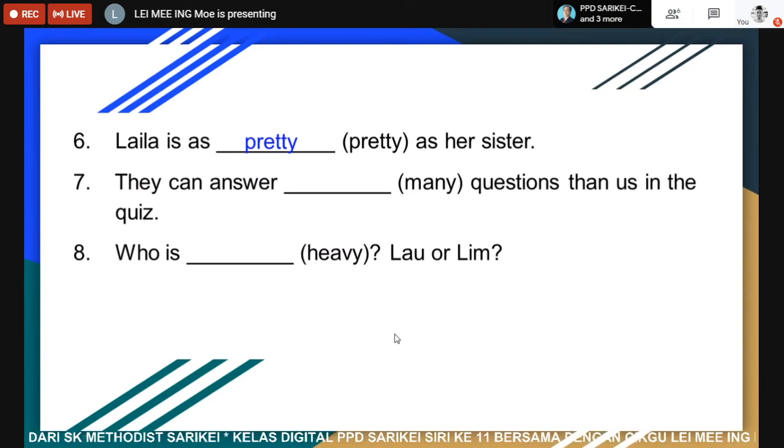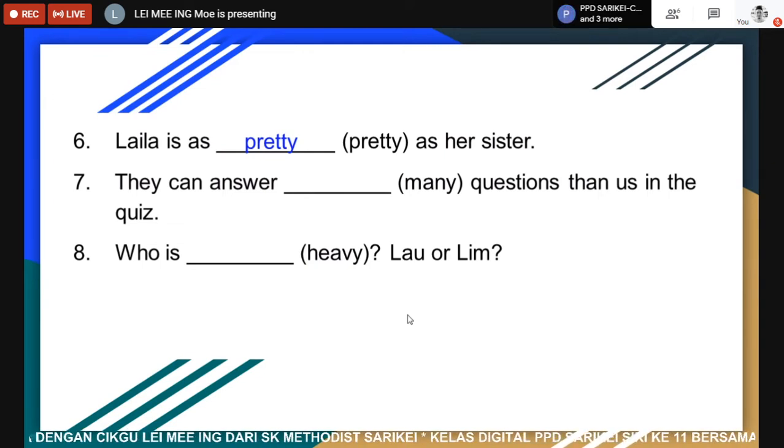We maintain the same. Why? Since we have as and as here, this is a positive degree. So we maintain the same spelling, the same adjective. It is not superlative, we don't have the here. We have as and as, so it is a positive degree. Alright, question number 7.